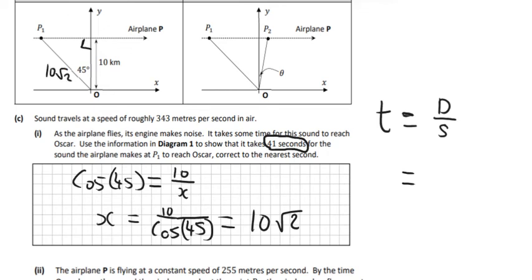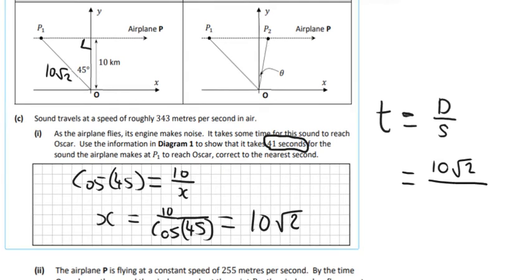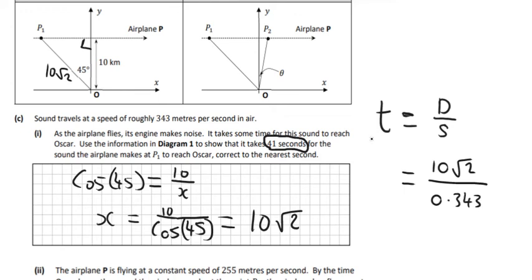So we know what the distance is then, and we know what the speed is. So 10 root 2 over, and I'm going to write the speed in kilometers per second, because we're dealing in kilometers, so it'll be 0.343, and then that is what we get in the end.